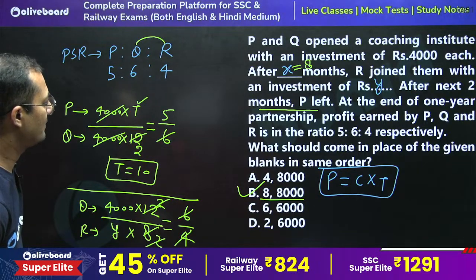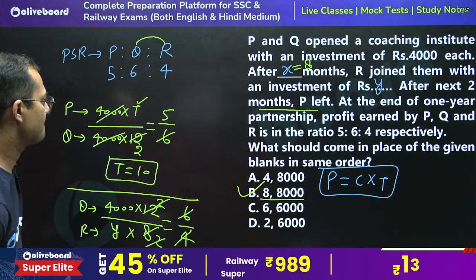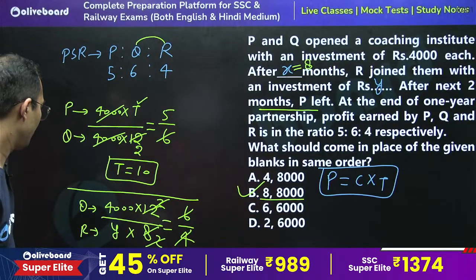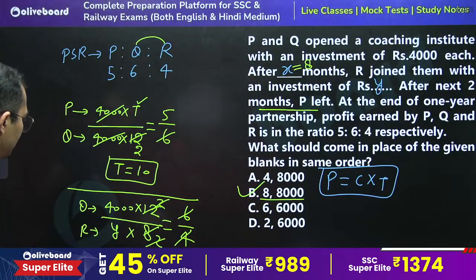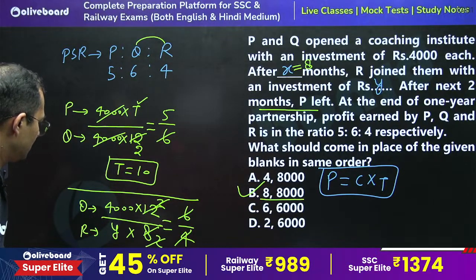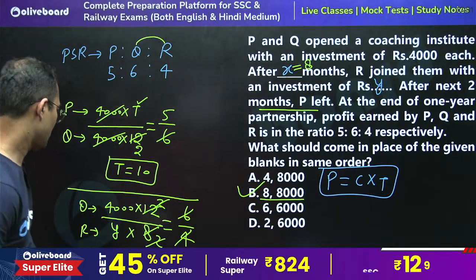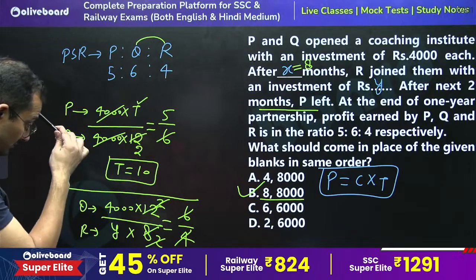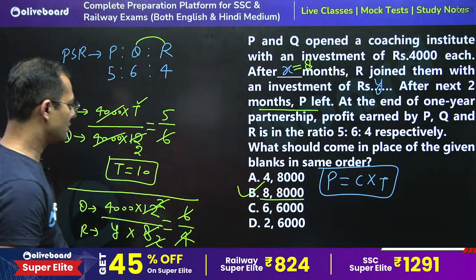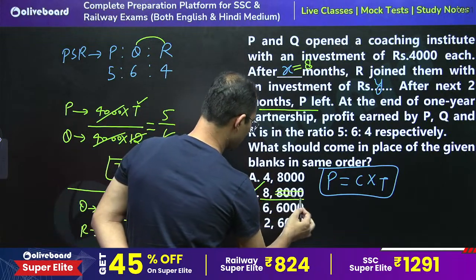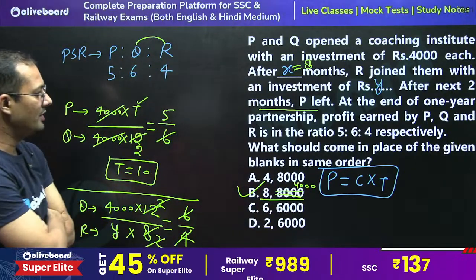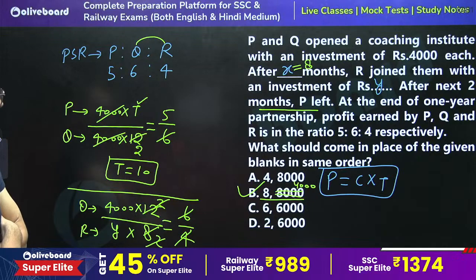So Y must be 4,000. Only then will the condition be satisfied.